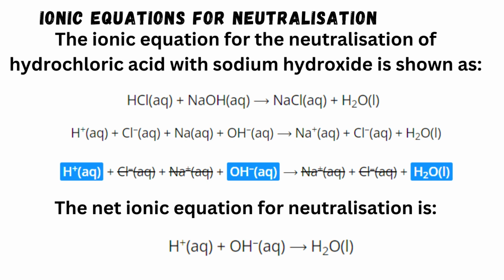Ionic equations for neutralization. The ionic equation for the neutralization of hydrochloric acid with sodium hydroxide is shown as below. HCl plus NaOH gives NaCl plus H2O. Cancel off the spectator ions gives you the ionic equation for the neutralization as H plus plus OH minus gives H2O.